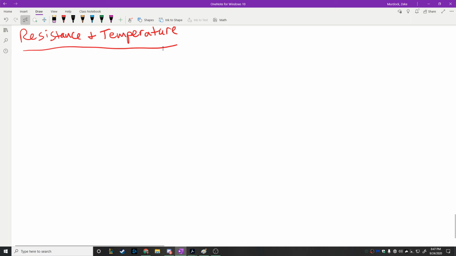All right, so resistance and temperature. There's a very straightforward relationship between resistance and temperature. For conductors, as the temperature of the conductor increases, the resistance goes up as well. So for conductors, the resistance is basically proportional to the temperature.